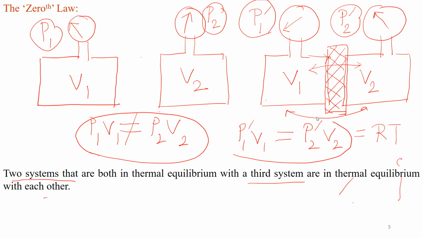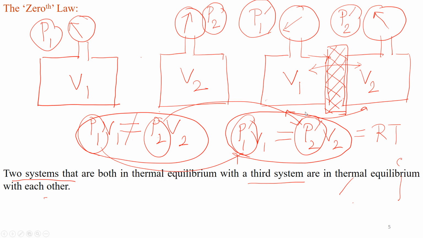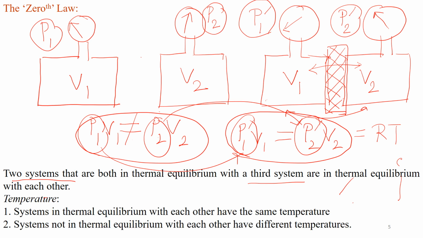So the pressures of system A and system B have changed from P1 to P1 prime and from P2 to P2 prime. This shows conceptually that if the systems are in thermal equilibrium, the temperature must be the same for those systems. So we have an operational definition for temperature: systems in thermal equilibrium with each other have the same temperature, and systems which are not in thermal equilibrium have different temperatures.